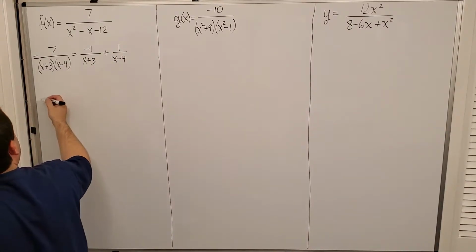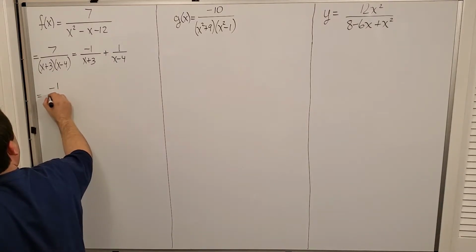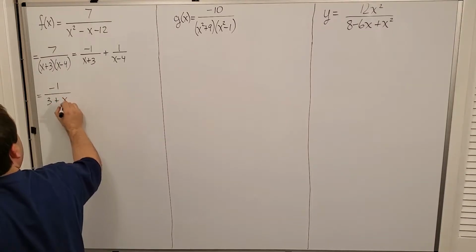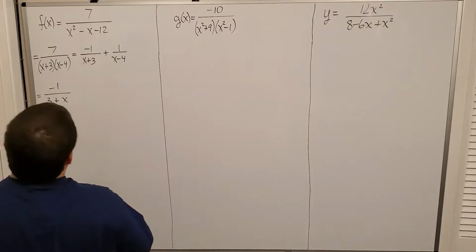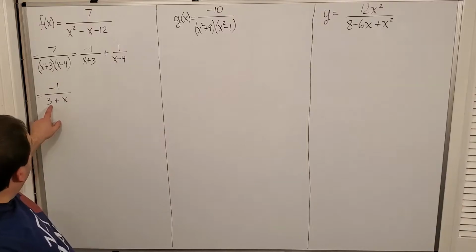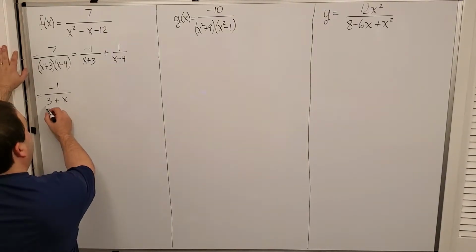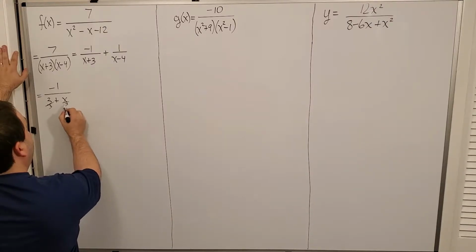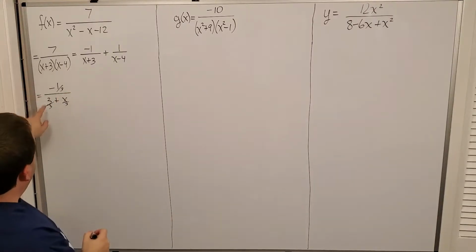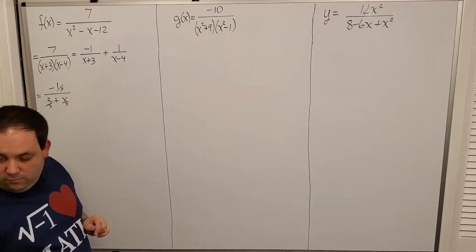So for this, I've got negative 1 over 3 plus x. Okay? However, I don't want the 3 here. I'd rather have a 1. So I'm going to divide by 3, divide by 3, divide by 3 in order to get the 1 that I need right there.